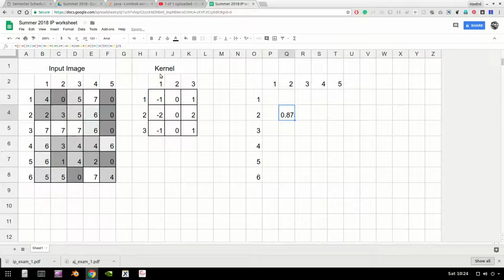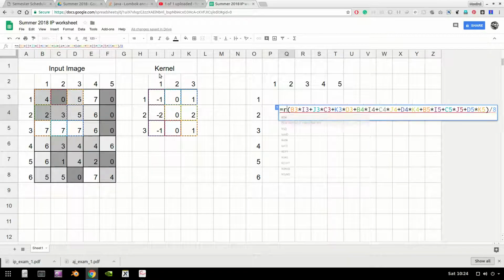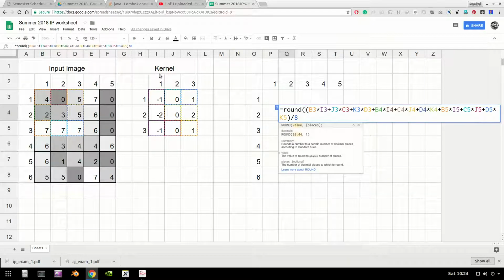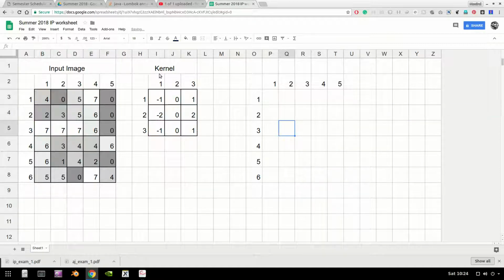So this is 0.87, right? Probably we got a round function as well. Let me see. Yeah. Okay, so we got a round, so that takes care of it. But otherwise it's the same thing. You add 0.5 and then take the floor. That will give you the same thing.